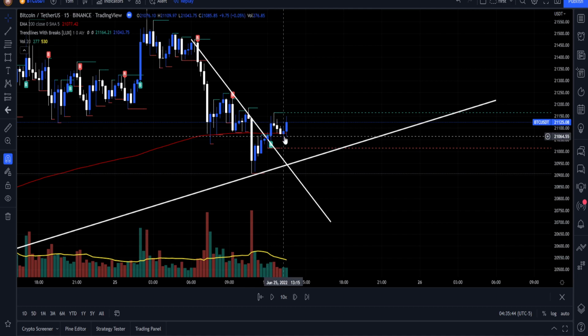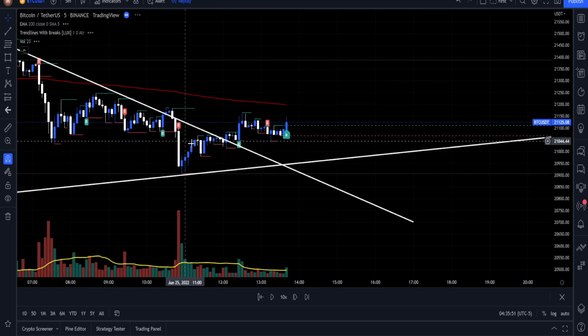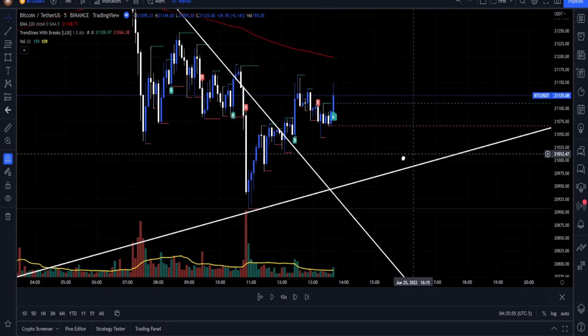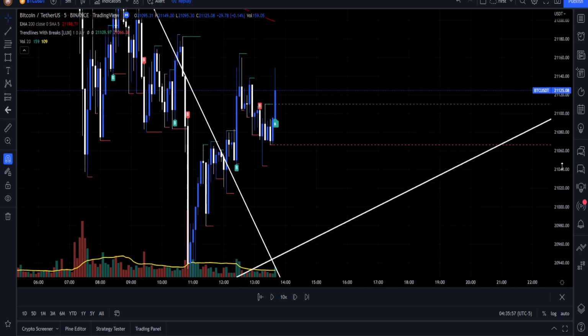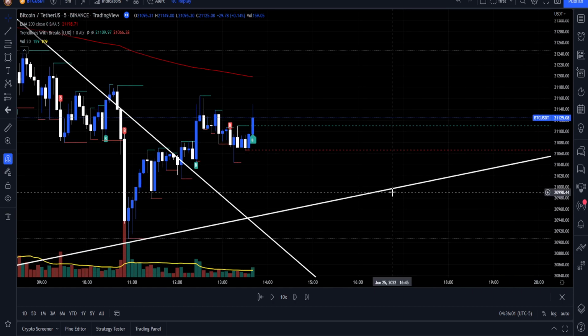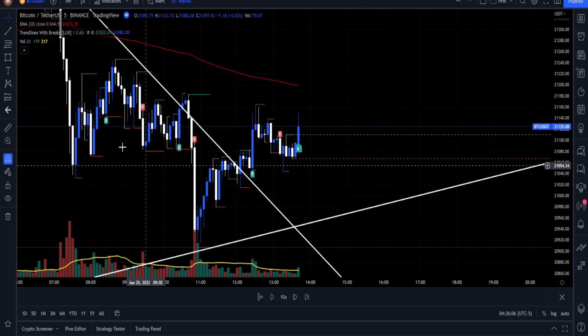Notice prices come down, it has made a turn, and we could go to the 5-minute charts to find some entry. Alright, now it's giving a signal right here.